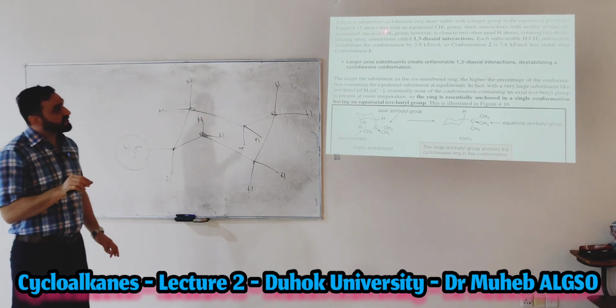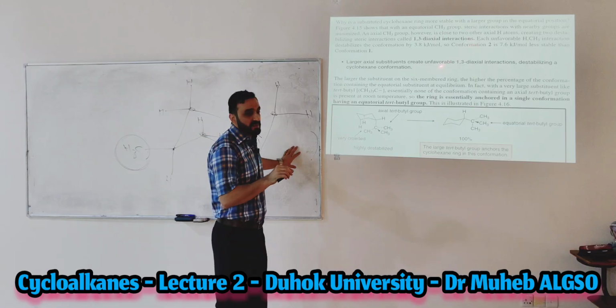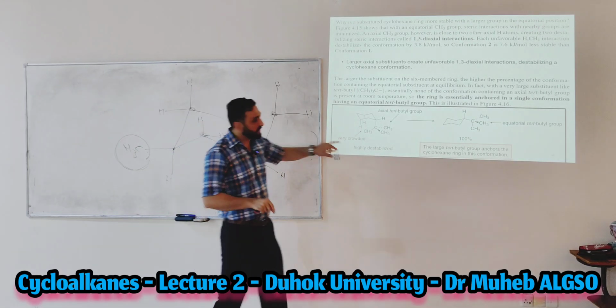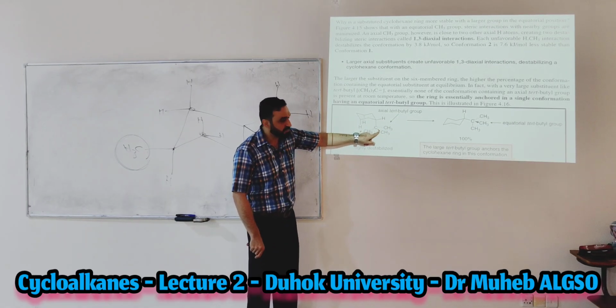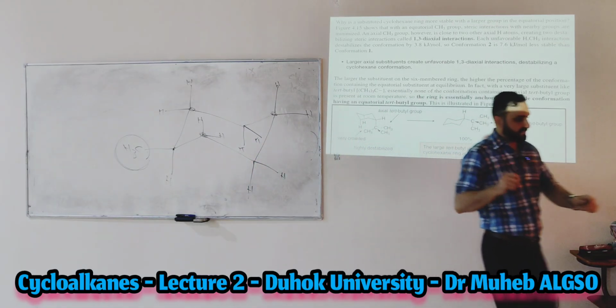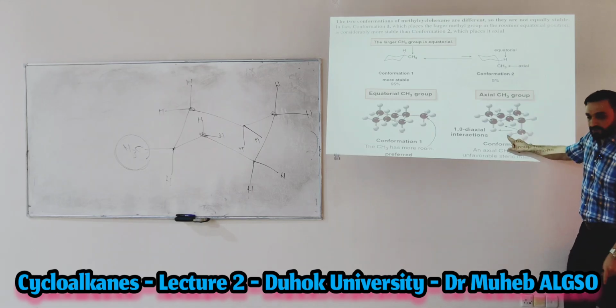Why is the substituted cyclohexane ring more stable? If you compare the CH3 with a larger atom here, if you make this a CH3 group, not tertiary butyl, a CH3 group, and the hydrogens here, if we go to the last slide, look, this is the hydrogen, 1, 2, 3.